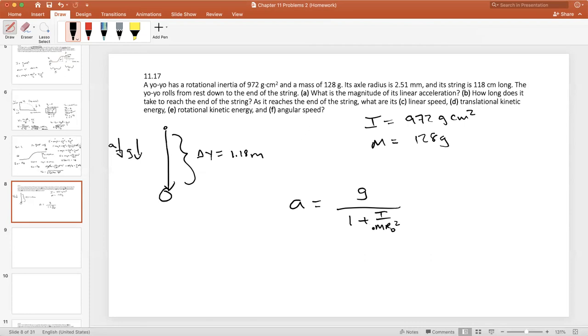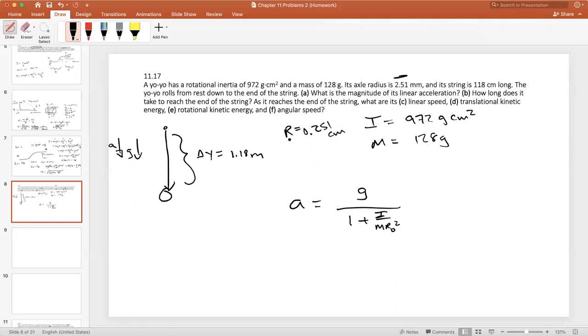Okay. So we can really fast figure out what this A is. In fact, that's the linear acceleration right in front of us. R, remember, is the axle radius of 2.51 millimeters. In terms of meters, that is 0.00251. But look here, our I is in gram centimeter squared. So let's put it in centimeters. In centimeters, this is 0.251 centimeters.